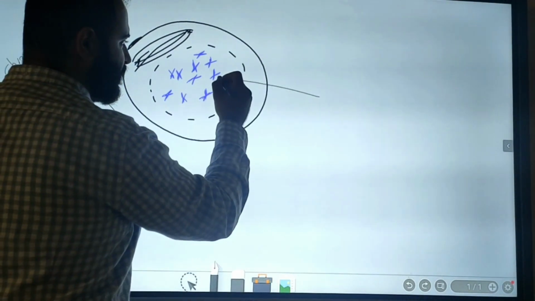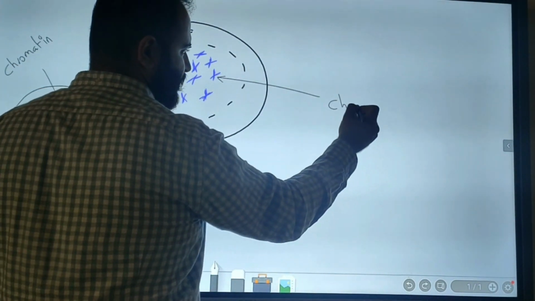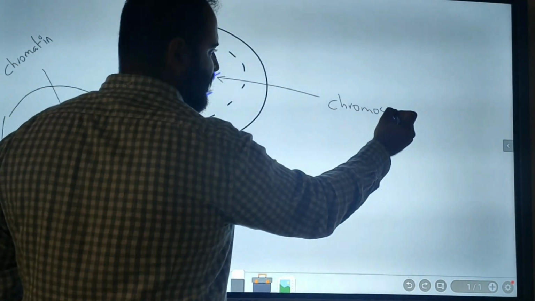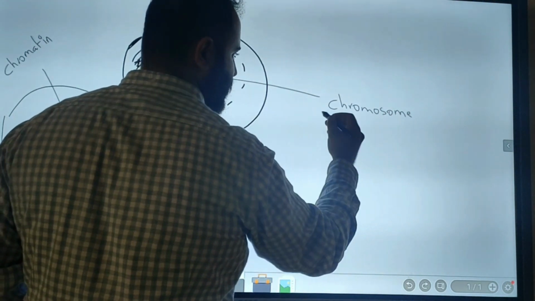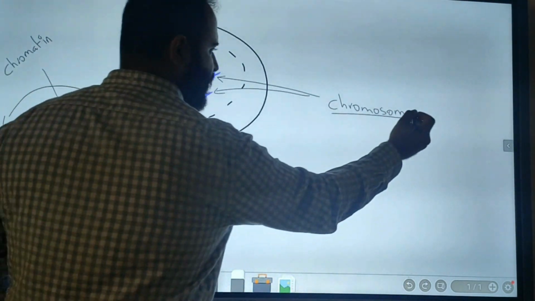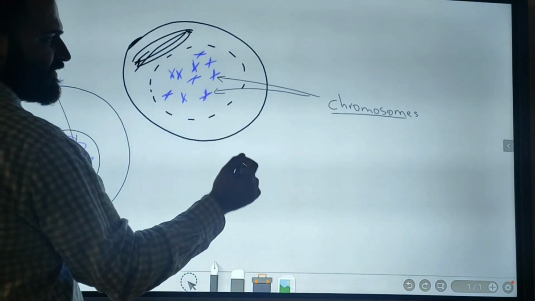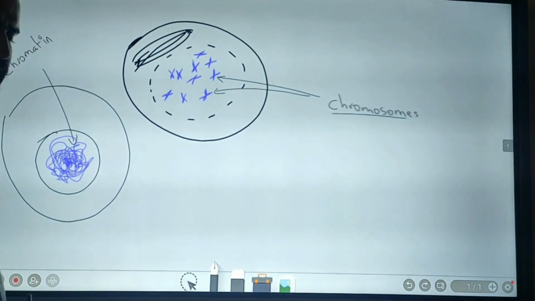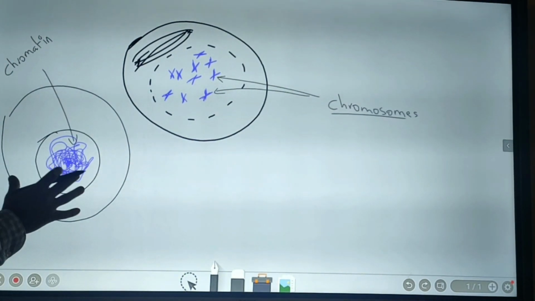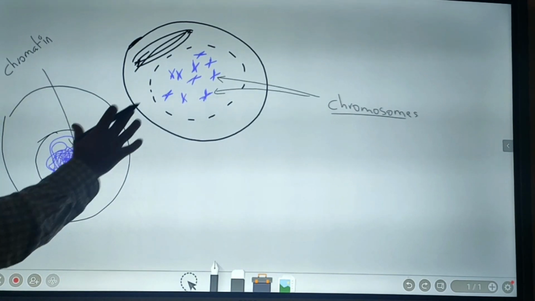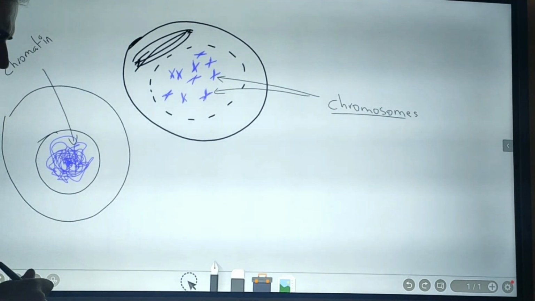And those are called the chromosomes. It's the same genetic information, but here the chromosomes are arranged. And as we said, each chromosome is made of two chromatids. So this cell didn't start dividing, this cell is divided.